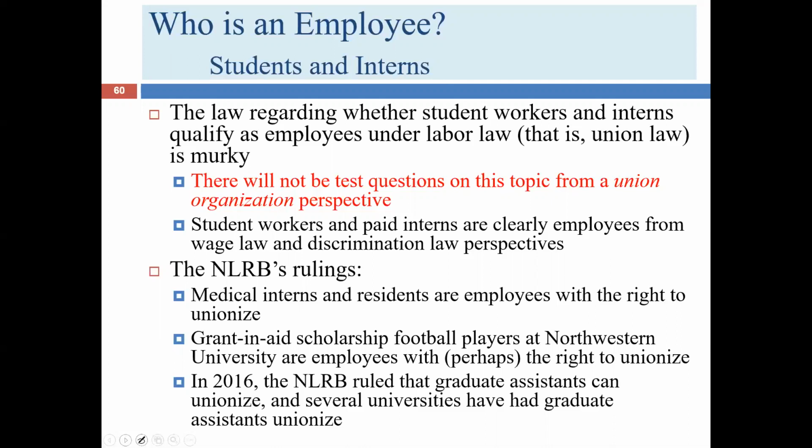And honestly, the NLRB, which we'll talk about in more detail later on, tends to be one of the more politicized agencies that we'll be talking about. The National Labor Relations Board actually has 5 members. When we have a Democrat as president, 3 of the members will be Democrats and 2 will be Republicans.